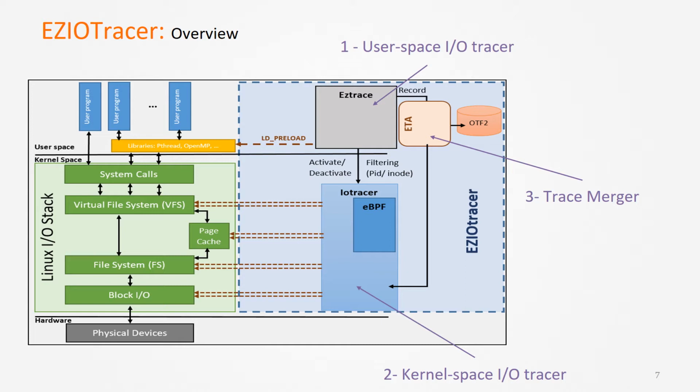The third component is EZTrace Analyzer, ETA, an existing generic trace analysis framework. We modified this framework to merge both traces made by IOTracer and EZTrace in a unified trace.